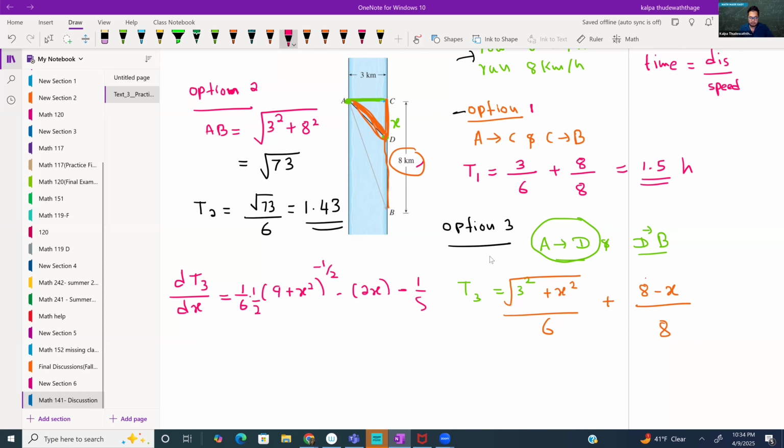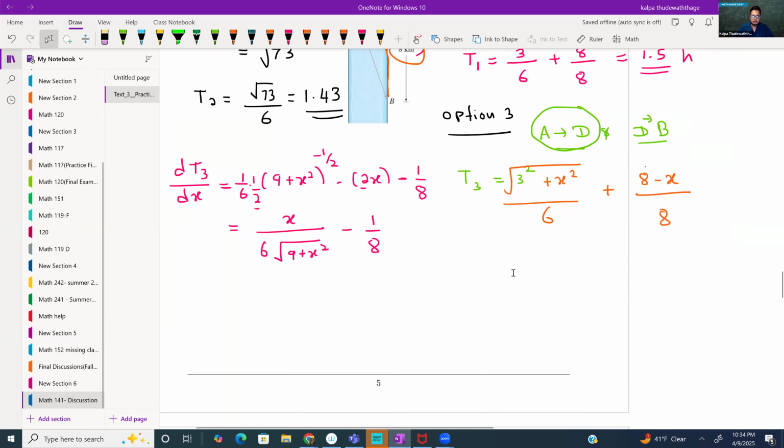So the 2s cancel out. It's x over 6 times the square root of 9 plus x to the power 2, minus 1 over 8. So that's the derivative.